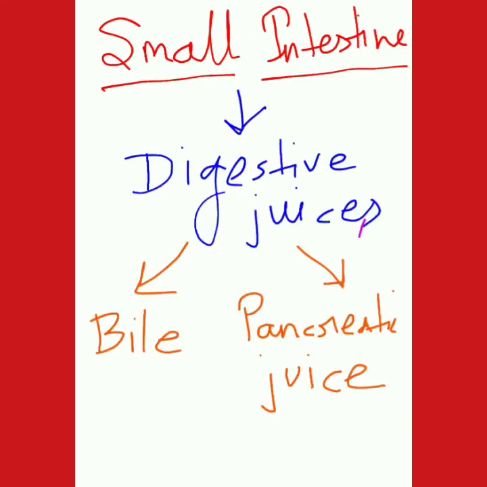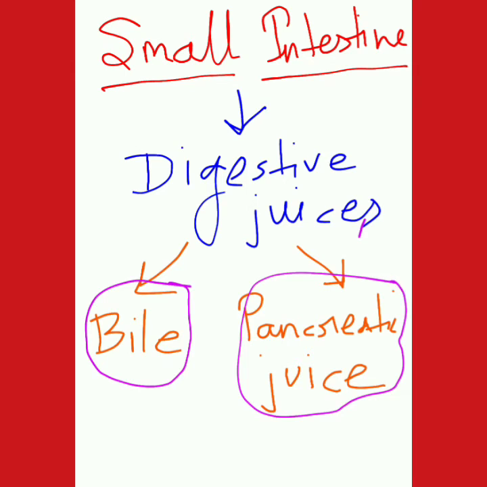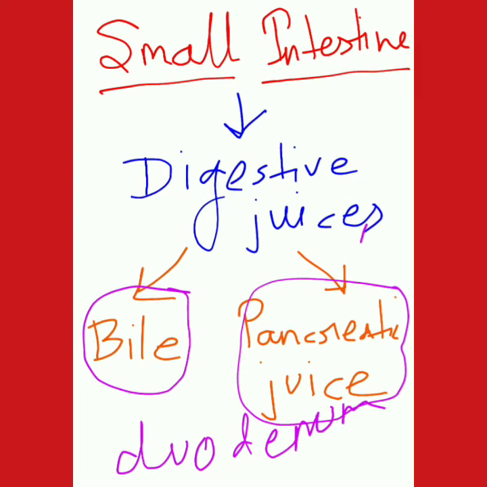The small intestine serves both for digestion and absorption. So the absorption mainly takes place in the small intestine. It receives 2 digestive juices, that is bile and pancreatic juice, in the duodenum. And its own walls secrete the intestinal juice in the ileum.